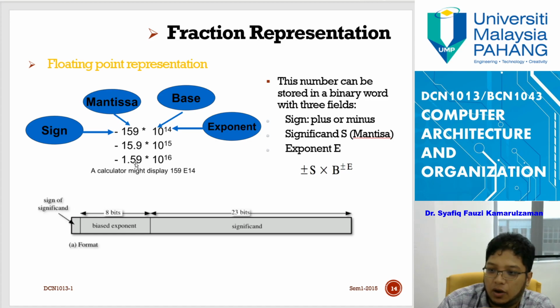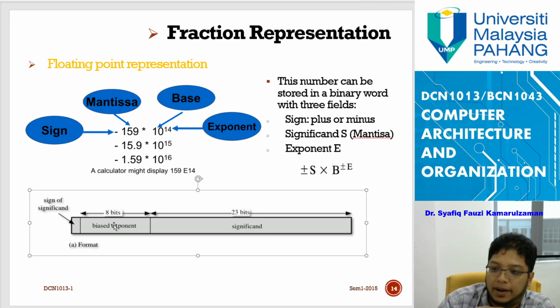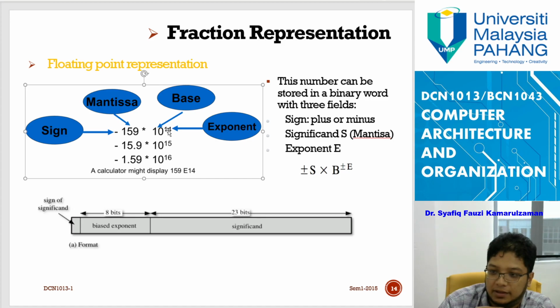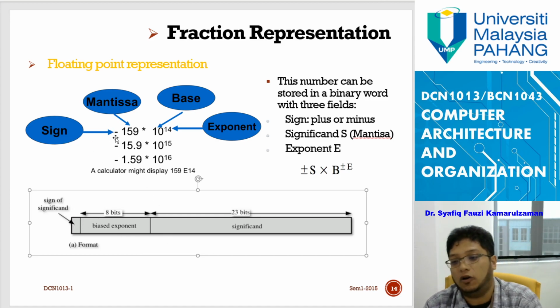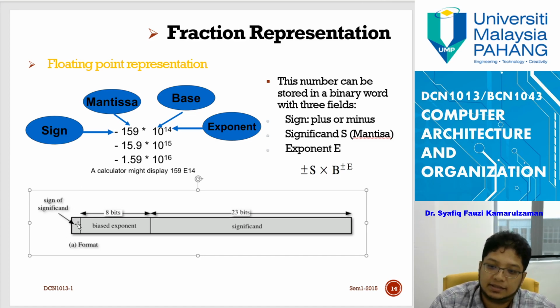If you say 1.59, they will change it into 159, and the bias here is 14. The sign here is whether it's positive or negative.